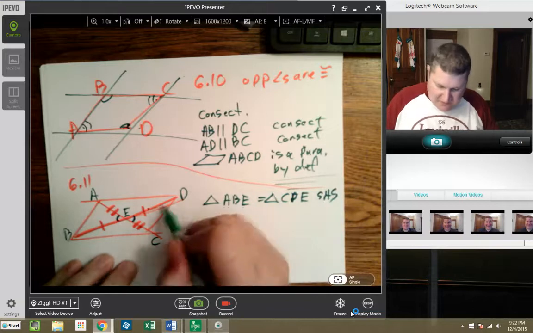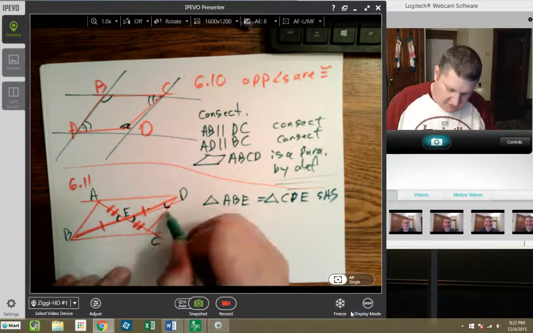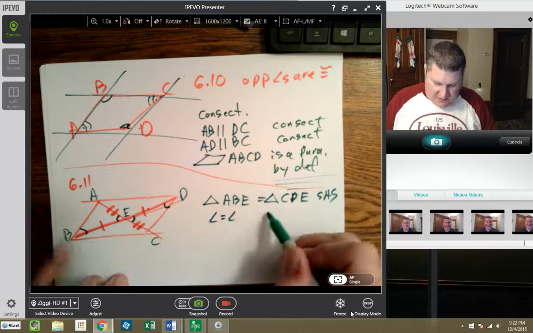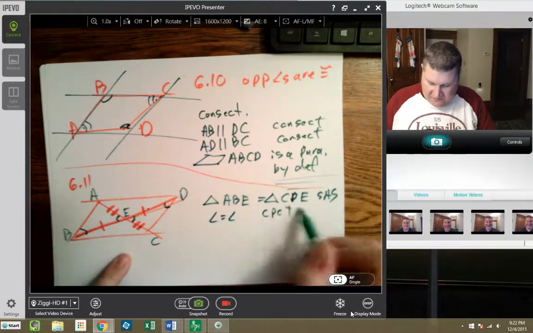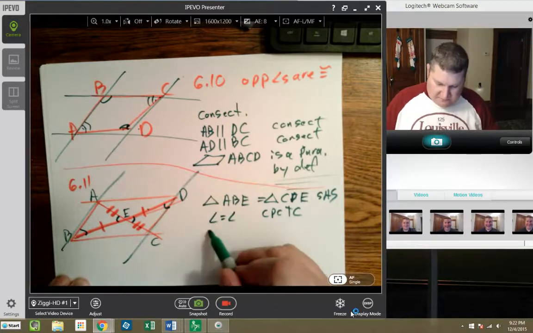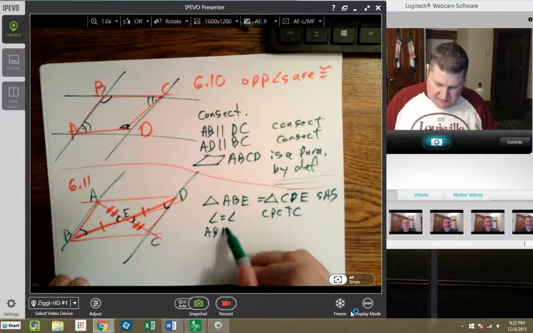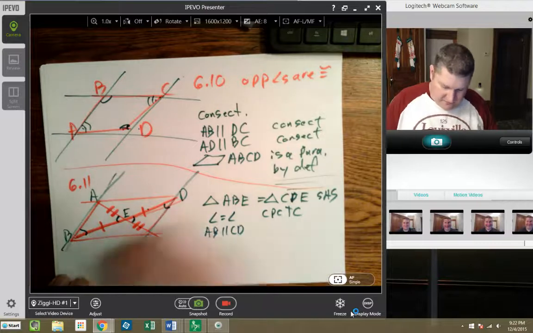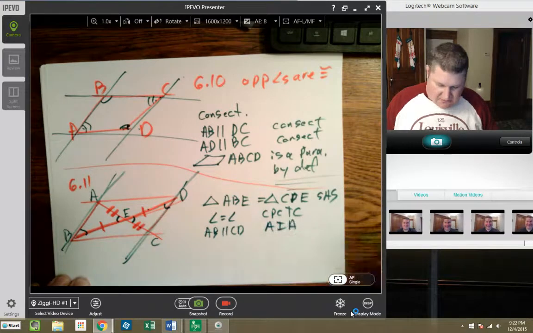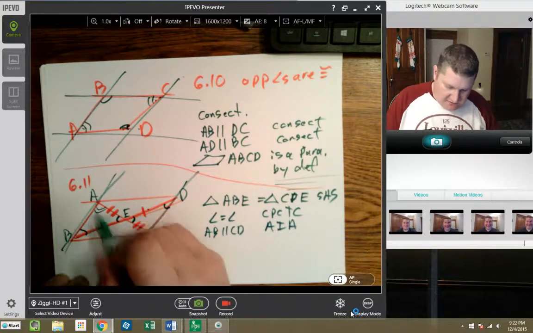And if that's true, then this angle has to be congruent to this angle. Angle congruent to angle by CPCTC. So this line is parallel to this line. AB is parallel to CD by alternate interior angles.